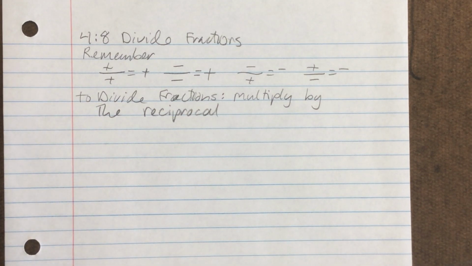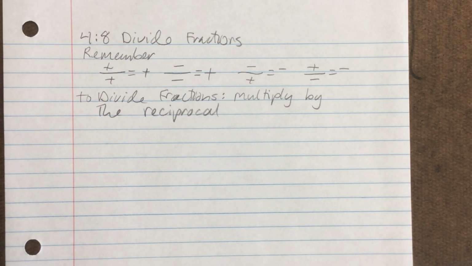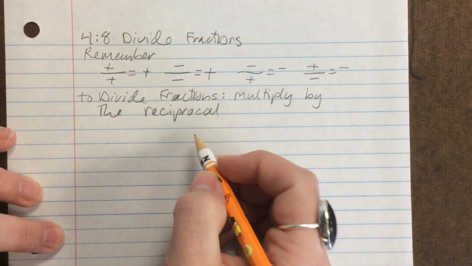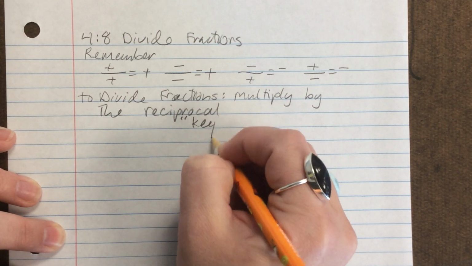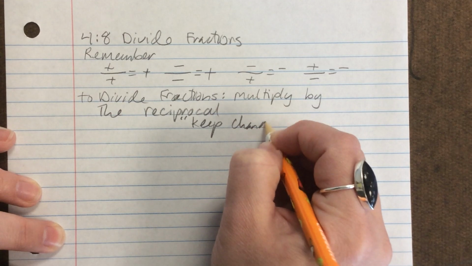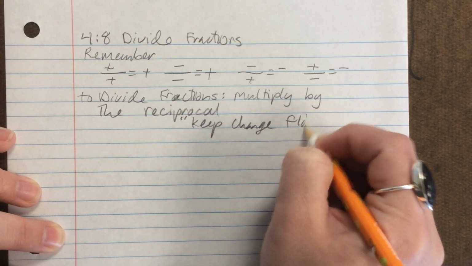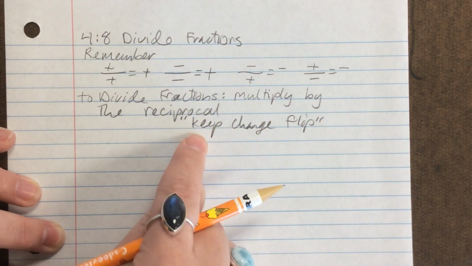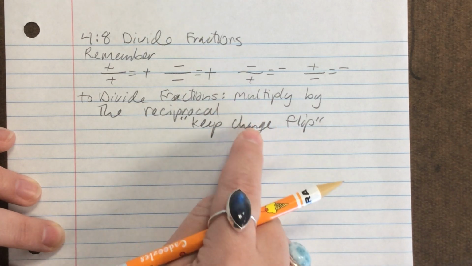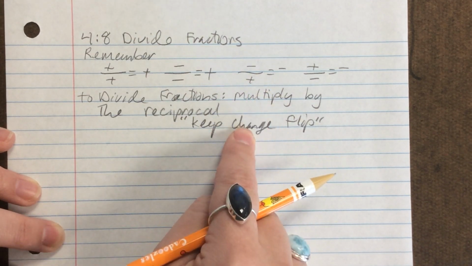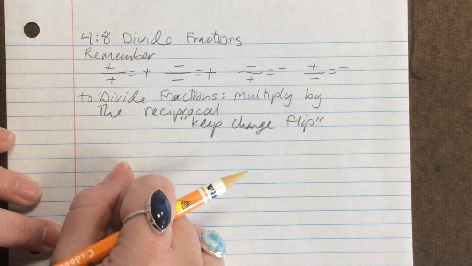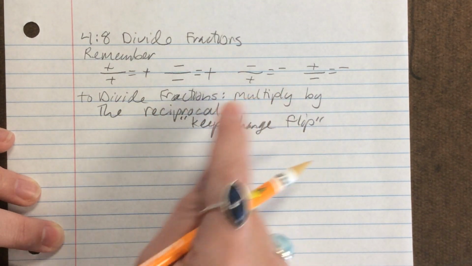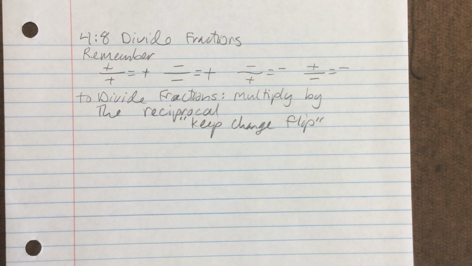Multiply by the reciprocal, okay? What you guys have probably learned is keep, change, flip. So you keep your first fraction, you change division to multiplication, that's the multiply, and the flip is the reciprocal. So instead of dividing, we're going to multiply by the reciprocal, or keep, change, flip.